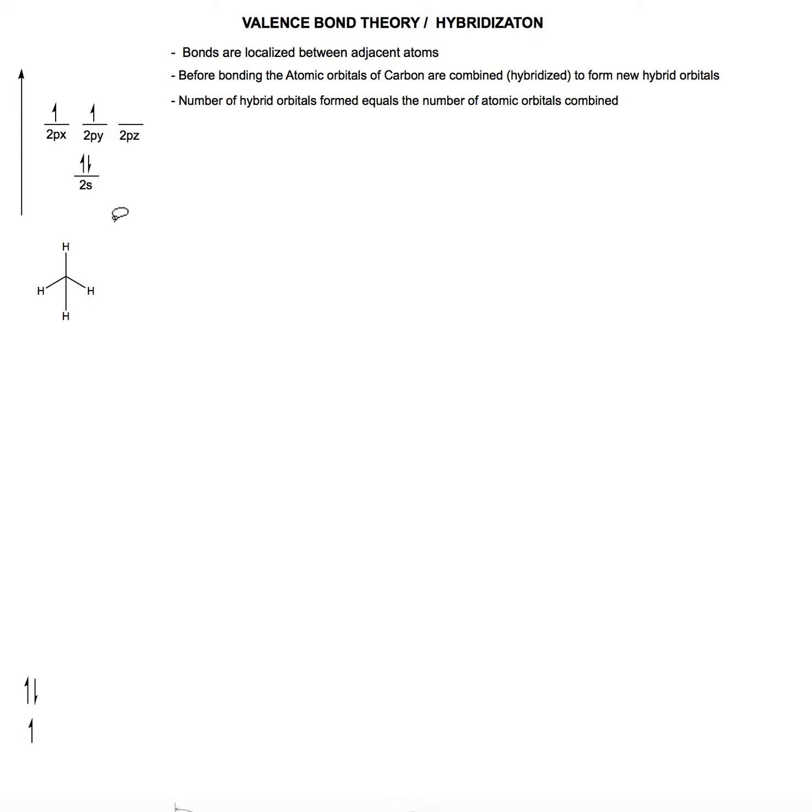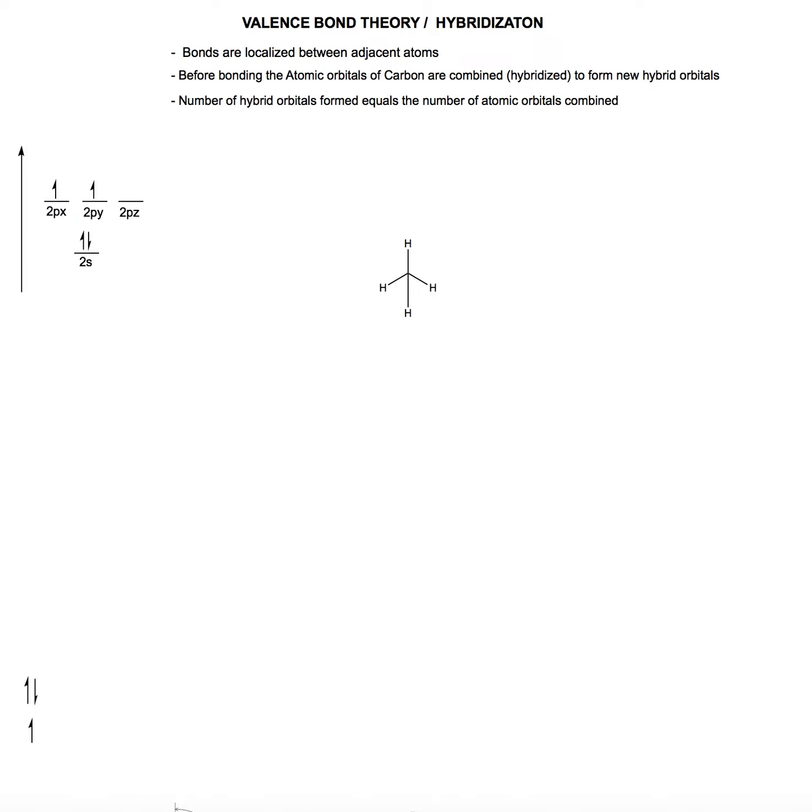So how many different ways do we find for carbon to be hybridizing its atomic orbitals to form new bonds? The first most common way to find this, I'm going to just lower down here the energy diagram. Once again, remember, I'm ignoring the 1s orbital because we care only about the valence shell.